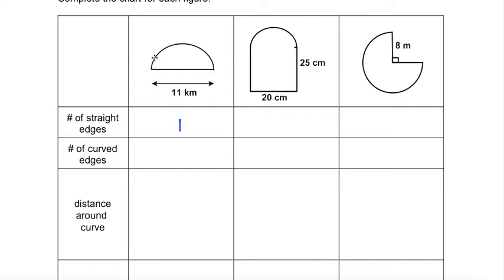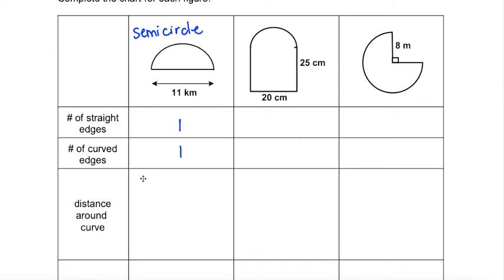The number of curved edges I have is 1. So when I'm looking at the perimeter of my shape here, I want to add both my curved edges and my straight edges together. So my straight edge is 11, but my curved edge is half of a circle. This is a semicircle.